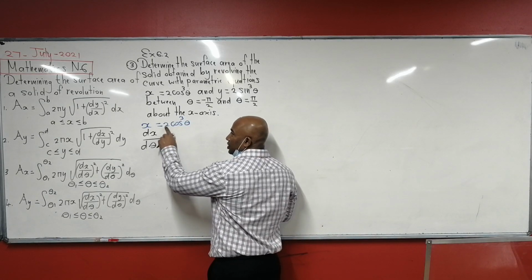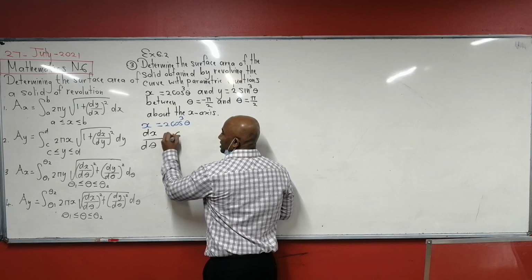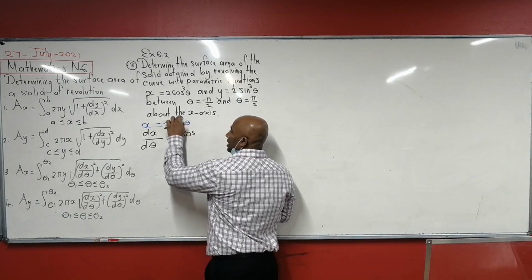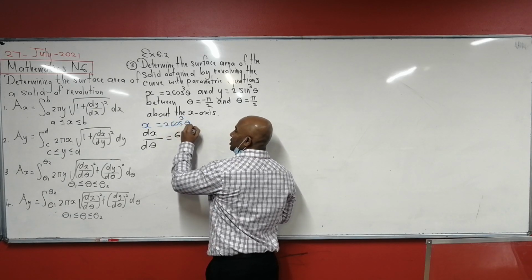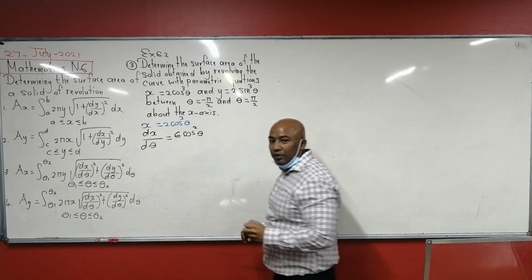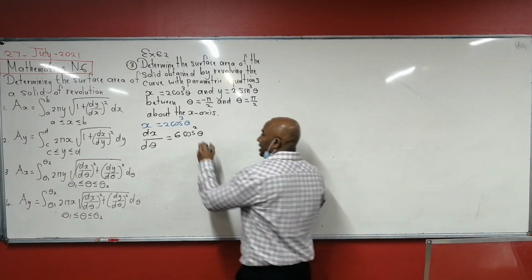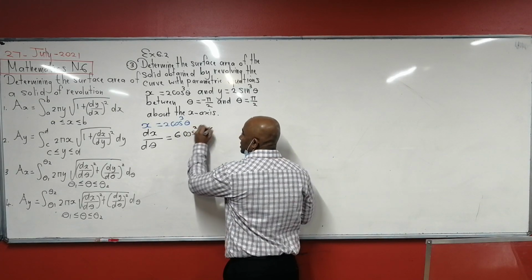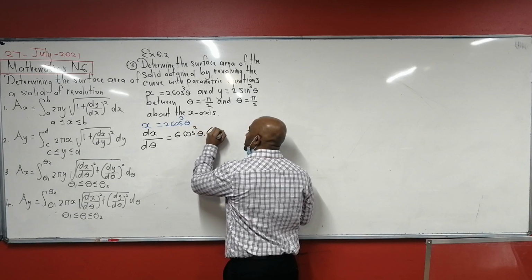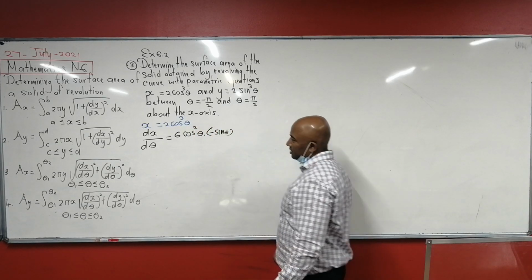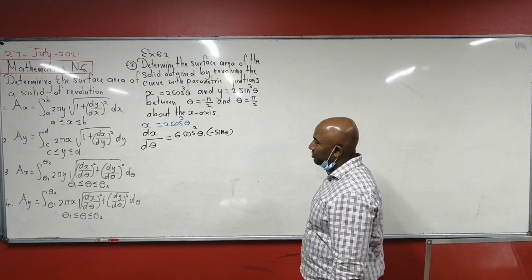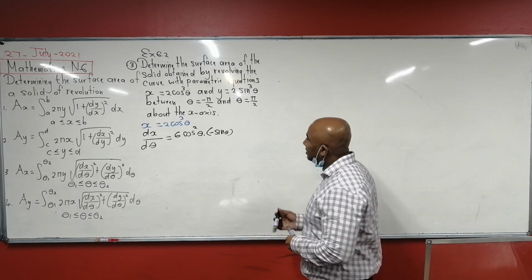So that's going to be 2 times 3, which is 6 cos to the power 3 minus 1, which is 2. So I deal with the power first, times the derivative of cos, which is going to be minus sine theta. So that is my dx over d theta.